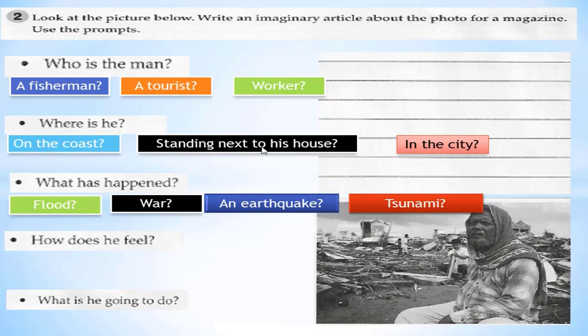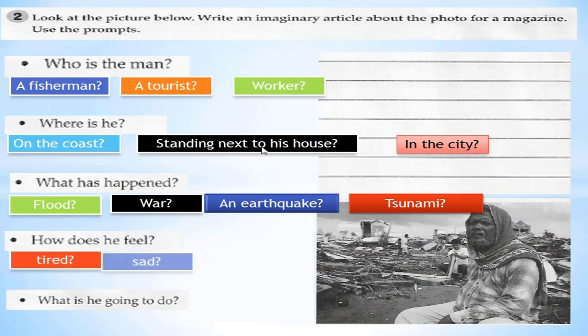How does he feel? Look at his face, or imagine that you were in his place. If you were this man, how would you feel?